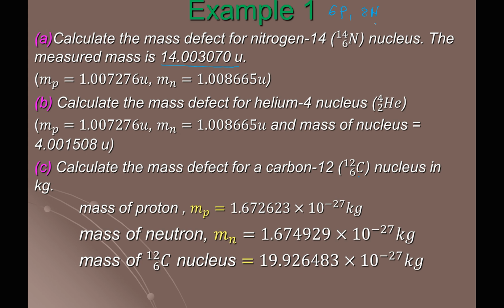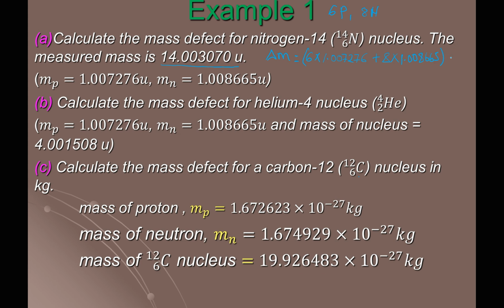So mass defect is going to be 6 times the mass of 1 proton, which is 1.007276, plus 8 times the mass of a neutron, which is 1.008665.